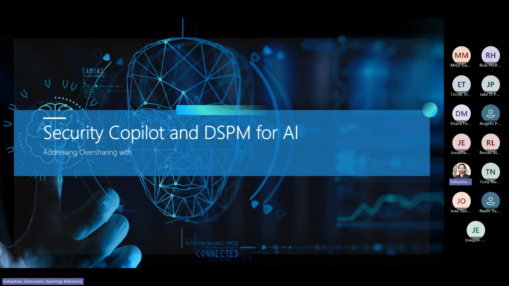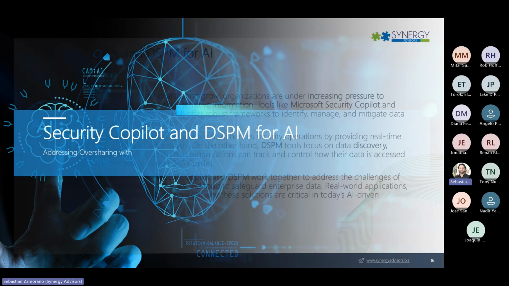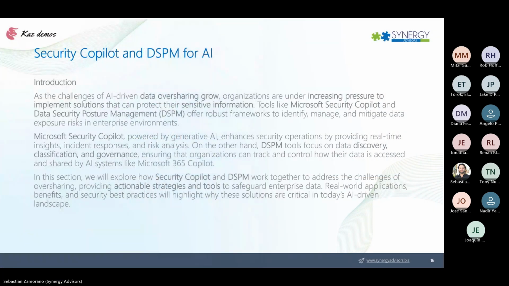Security Copilot and DSPM for AI. Now, the big question is the difference between Security Copilot and DSPM. Why one or the other? And here we can see that in general, Security Copilot is focused on security operations, real-time insight, incident reports and risk analysis.